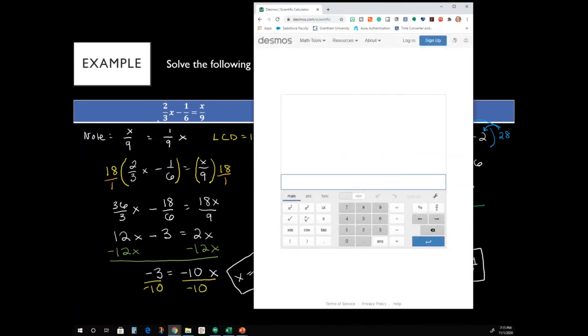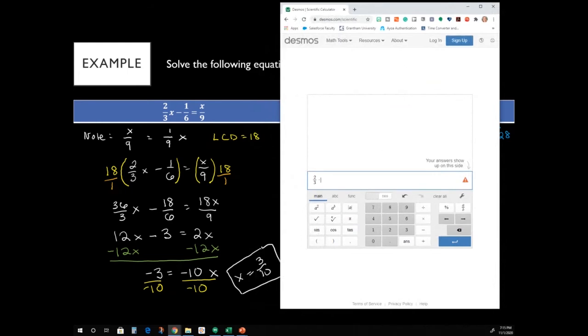So I'm basically going to check the left side and then the right side. So the left side I have 2/3. So I'm going to hit the fraction button, 2/3, and then it's going to be multiplied by x. And we solved x is 3/10. So I'm going to hit the fraction button again, and then 3/10.